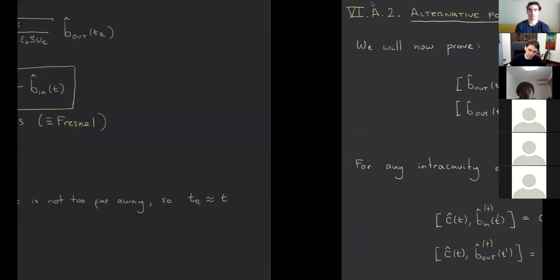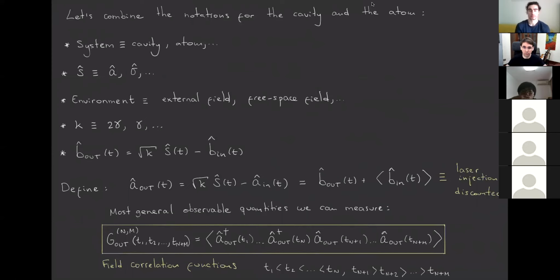Okay, then after I did some kind of combined notation for all cases, for the atom and for the cavity, I remind you that we will be using this notation all the time. When I say the system, I mean the open system, so either the cavity or the atom or any other system we work with.